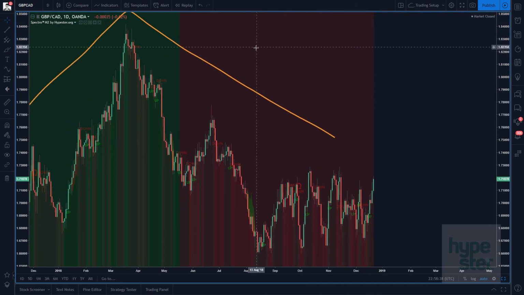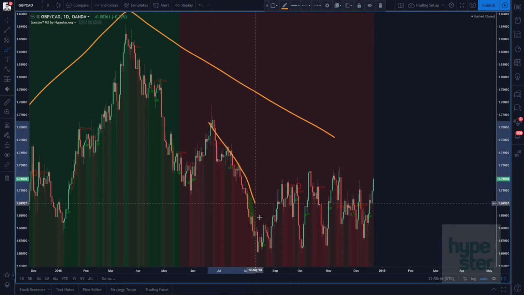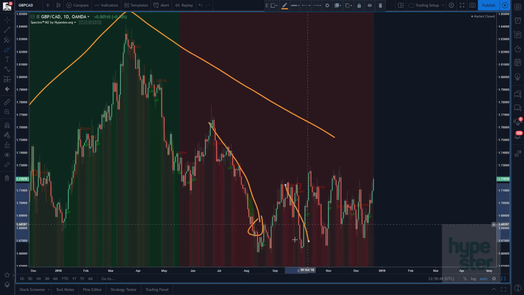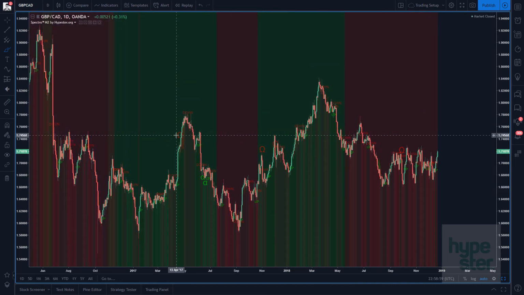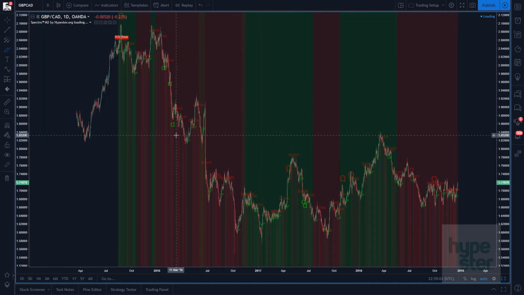What does it do? Like, hey man, the forecast, this is a bearish moment. So if it's a bearish moment, the down moves, the bearish moves, tend to be more successful and stronger, and more profitable than the up moves. Okay? It's as simple as that.